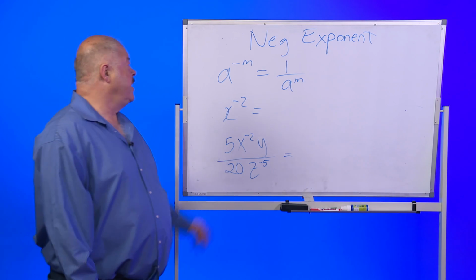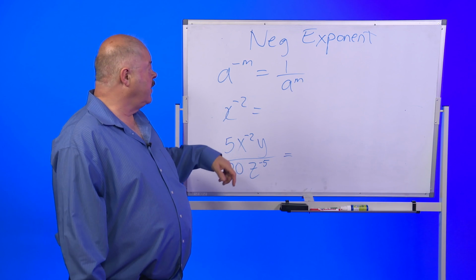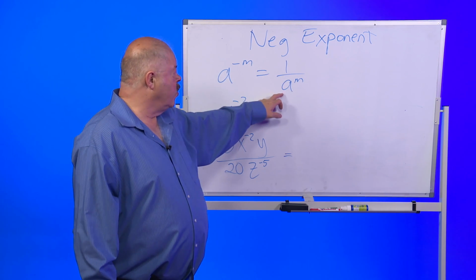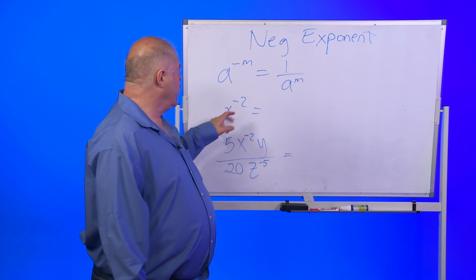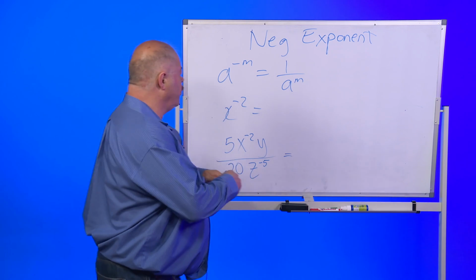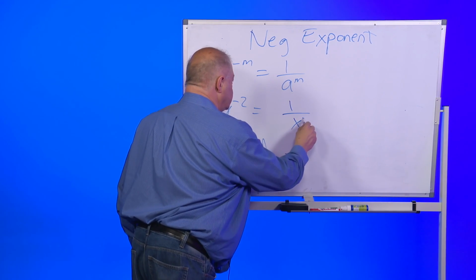Well, here we go. Negative exponent. A to the minus m, by definition, is 1 over a to the m. And so x to the minus 2 is 1 over x squared.